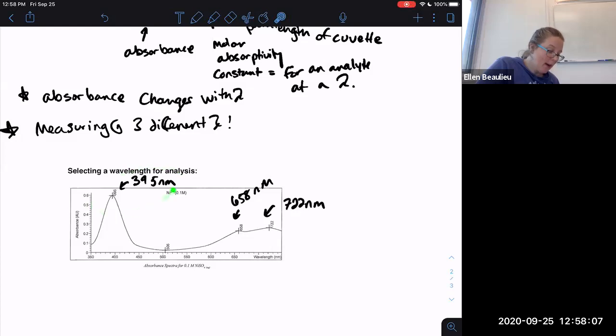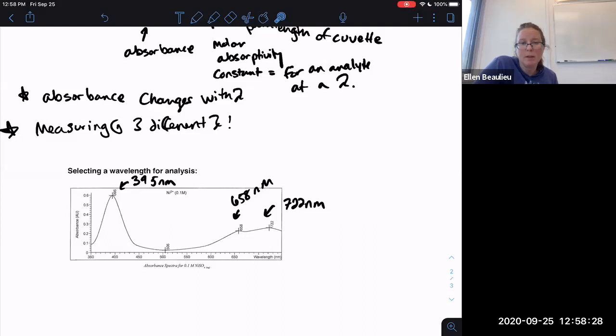So 395 is going to have the most absorption. These other 2 are good absorption wavelengths, but they're not going to absorb as much. Your molar absorptivity constant is going to be different for all 3 of those wavelengths because the substance absorbs light differently at all of those wavelengths.